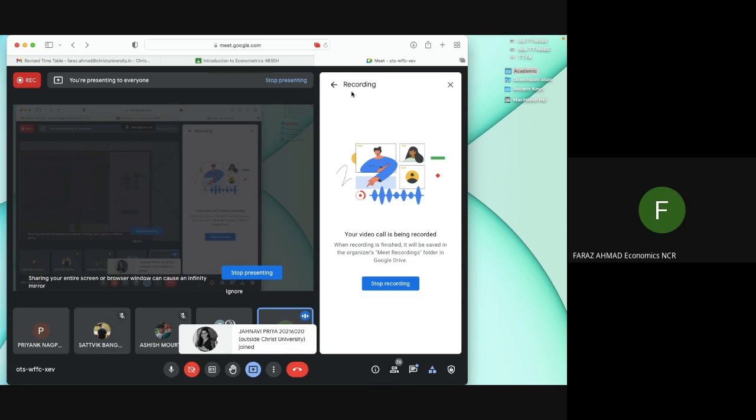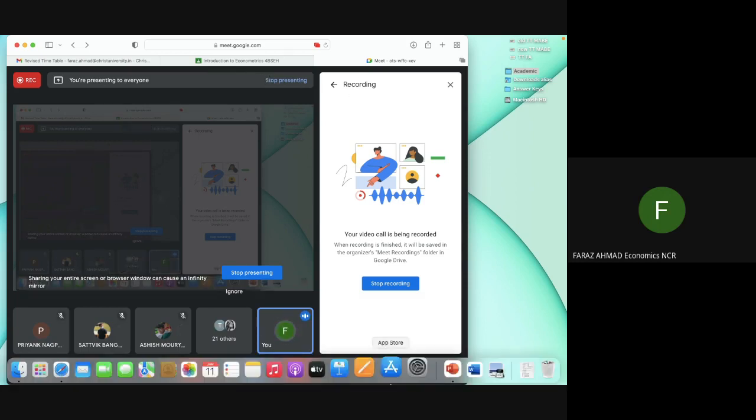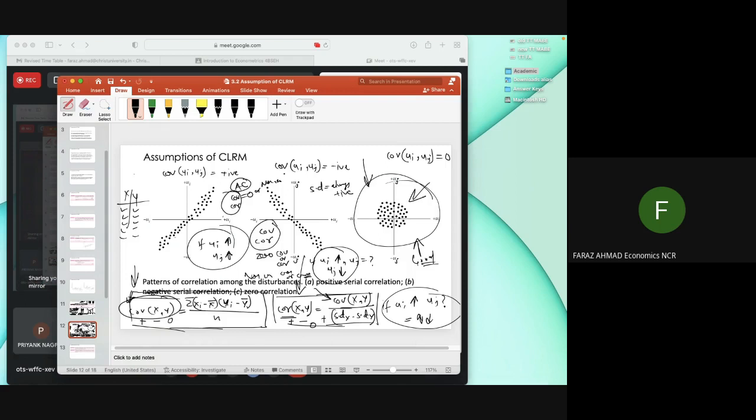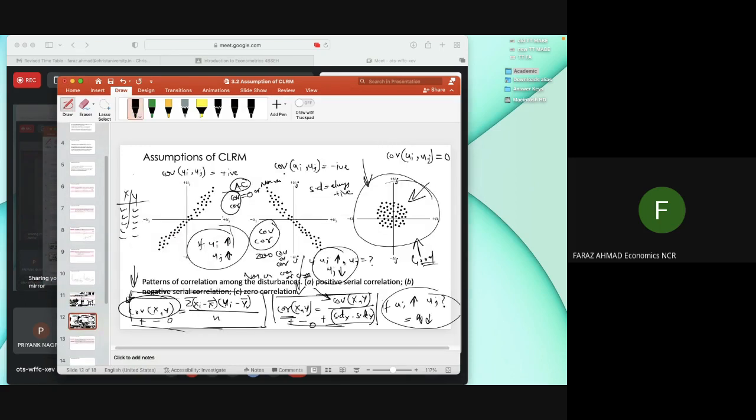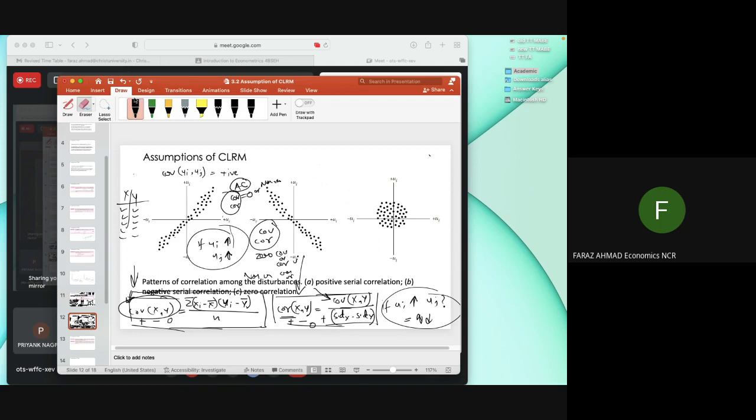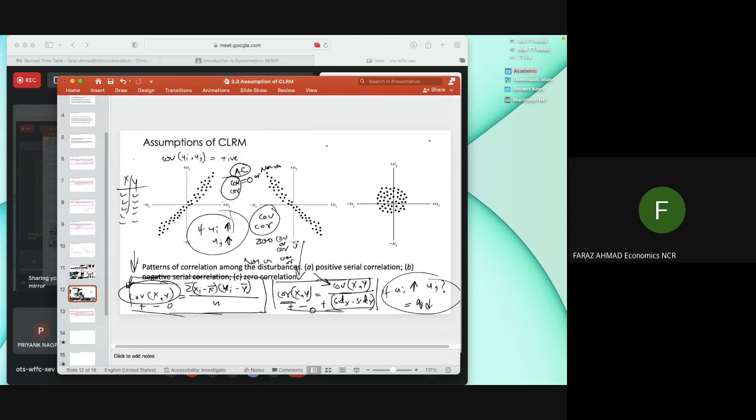That's what I said before, that there are many questions which are not answered here now, right? And I'm making them clear. The question that you are asking also falls in that category. Let's talk about autocorrelation only.